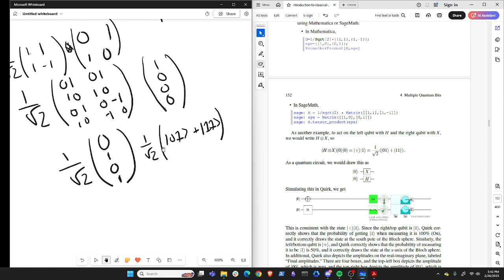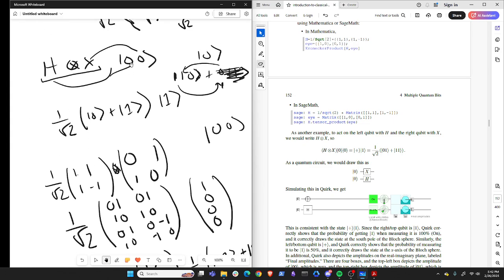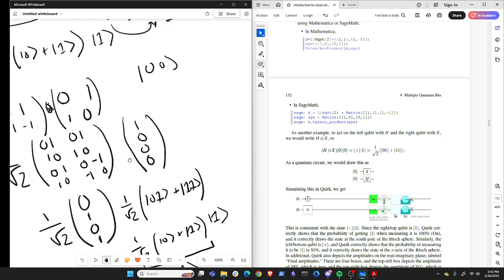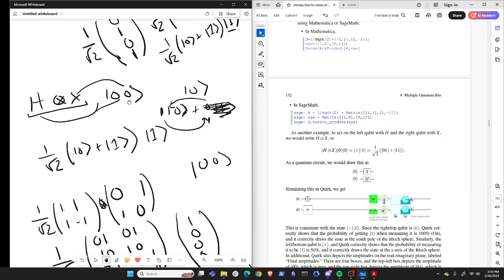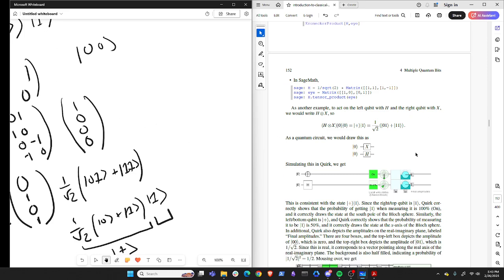Pulling out the one term, we see that indeed this is pretty much the exact same example as the last one. We have applied the Hadamard to the 0, which puts it into this plus state, and the X has flipped the second qubit's 0 state into 1. Perfect.